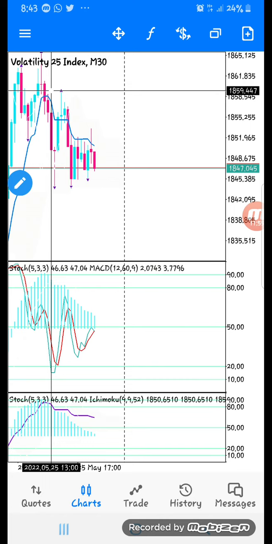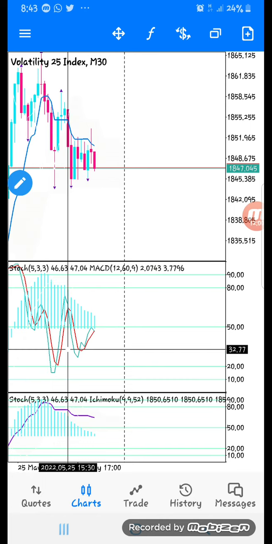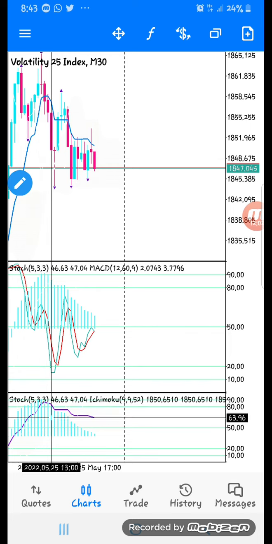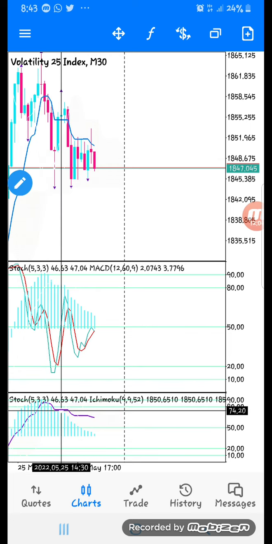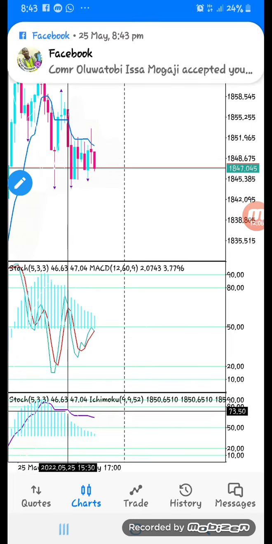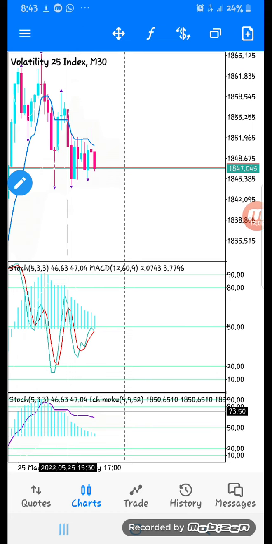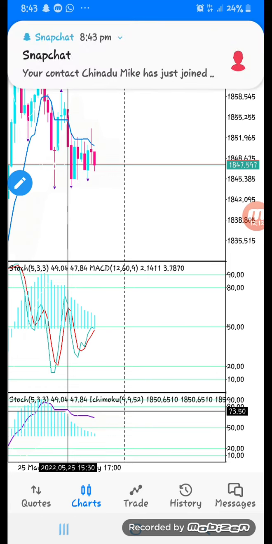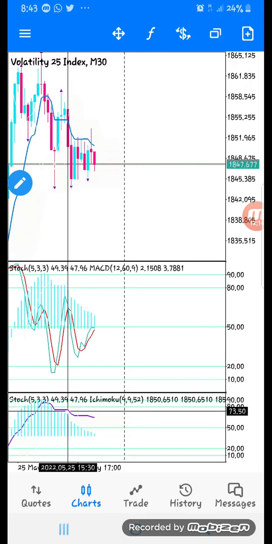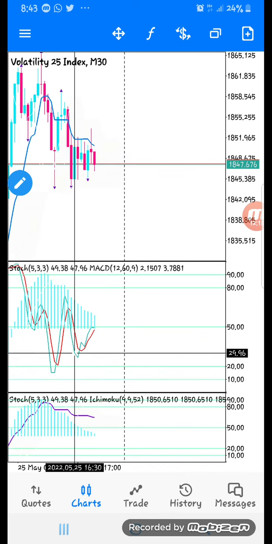When the Ichimoku is still above and then coming downward, that entails that the market strength is bearish. You understand? So that's when you start looking for a bearish setup to enter your trade.